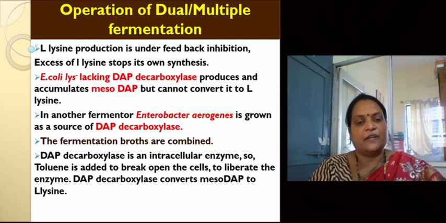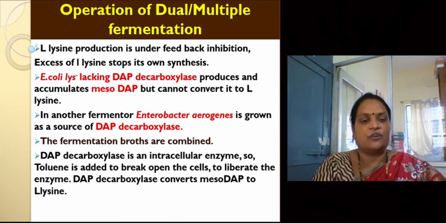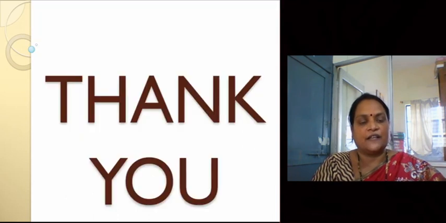And then the fermentation broths are combined. DAP decarboxylase is an intracellular enzyme. So, toluene is added to break open the cells to liberate the enzyme. DAP decarboxylase then acts on meso-DAP and converts meso-DAP into L-lysine. Thus, a large quantity of L-lysine is synthesized.